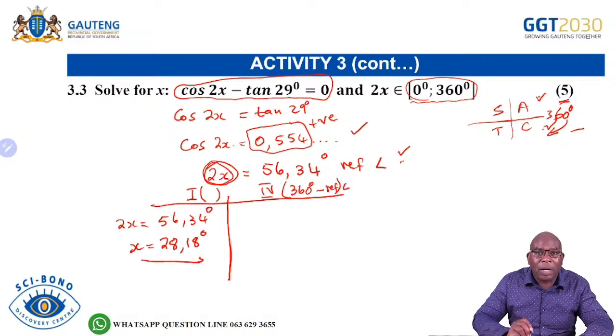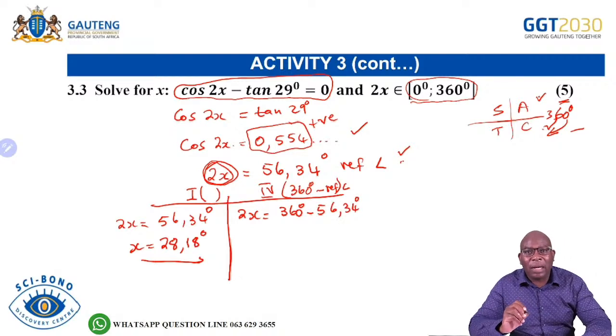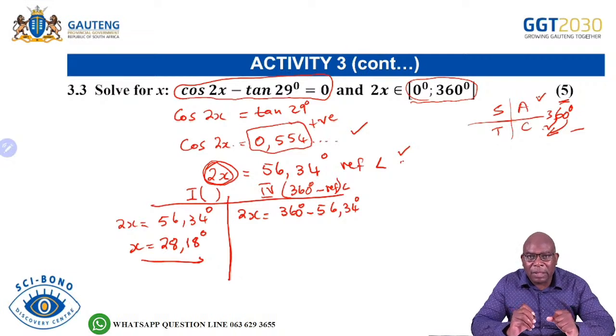So in the first quadrant, it must look like that. In the fourth quadrant, I'm going to say 2x equals 360 degrees minus 56.34 degrees. You see? So that then I have the size of that angle in the fourth quadrant.